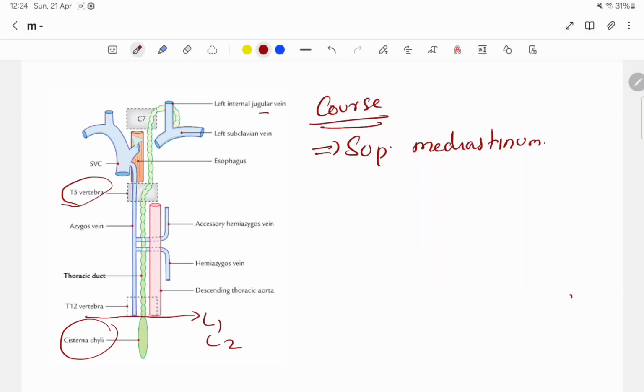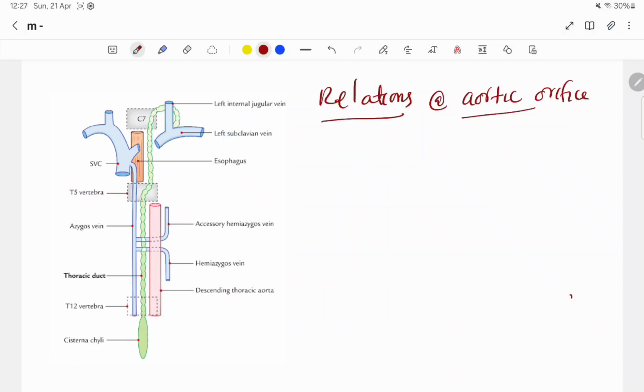Then it ascends upwards in the left part of the superior mediastinum, where it lies to the left of the esophagus. Then at the level of the 7th cervical vertebra it ends by opening into the junction between the left subclavian vein and the left internal jugular vein.